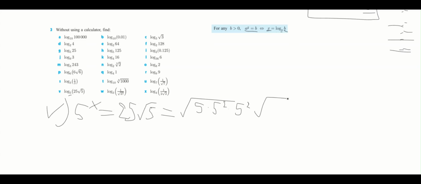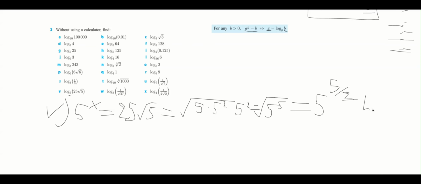So this equals 5 to the power of 5, and then because of that, we can say it's just 5 to the power of 5 over 2. The denominator is 2 because it's a square root, not a cube root or anything else. And since it's the power of 5, that's the numerator.